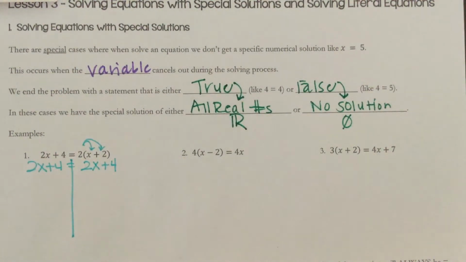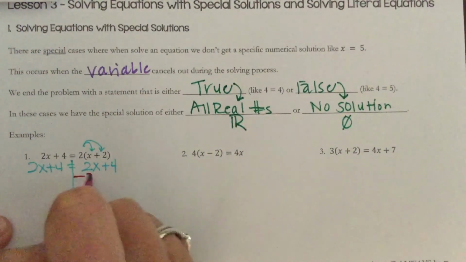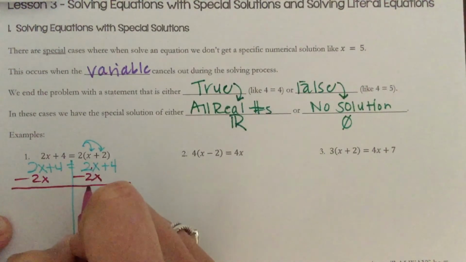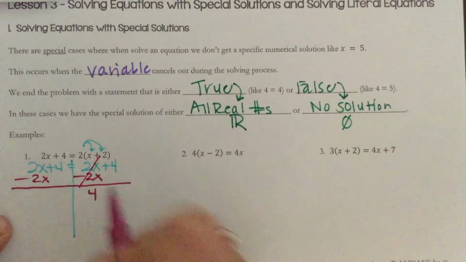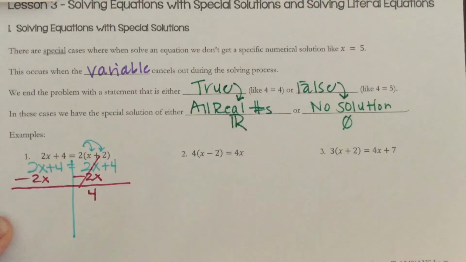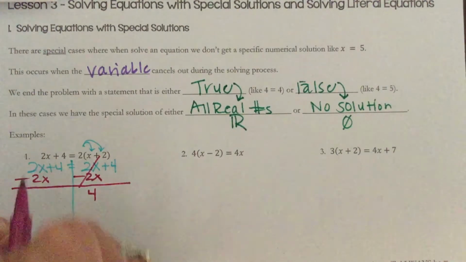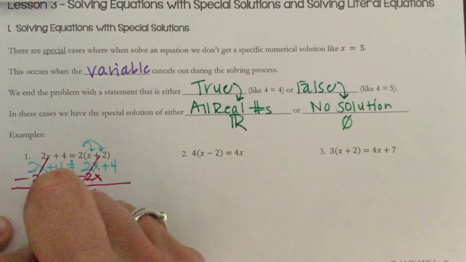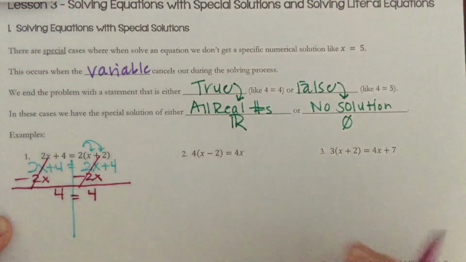I know that 2x and 2x are both like terms and that I want to ultimately combine them together. So I'm going to take this 2x and move it over here. 2x and negative 2x cancel, and I'm left with 4 on the right-hand side. Uh-oh, 2x and negative 2x over here also cancel, and we are left with 4 on the left-hand side.